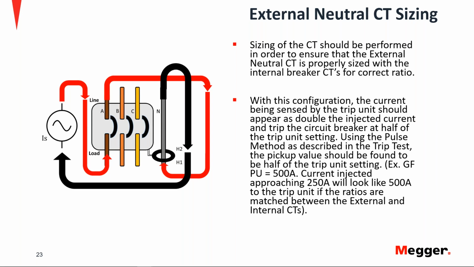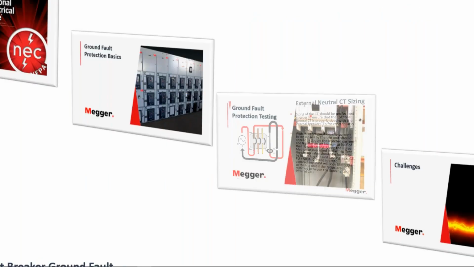In the case of the external neutral CT, again, the phasing, the connections, the polarity, and the size are the parameters I need to make sure are installed correctly and in good working condition.